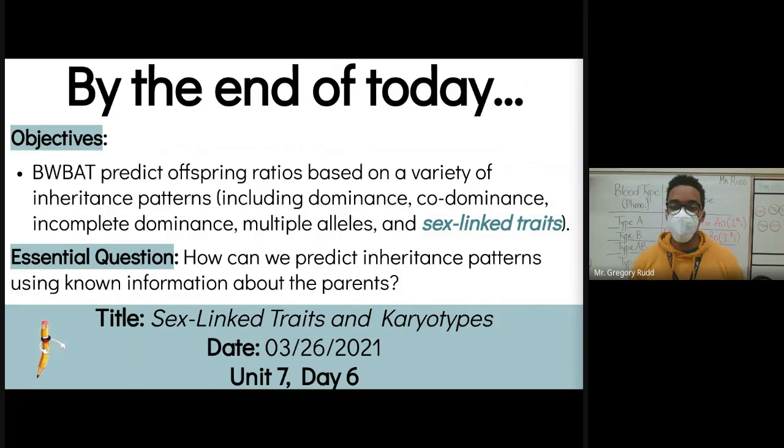I think you all will enjoy this because it's going to feel a little bit more medical, a little bit more real and relevant to what you may have actually heard of. The essential question is, how can we predict inheritance patterns using known information about the parents?